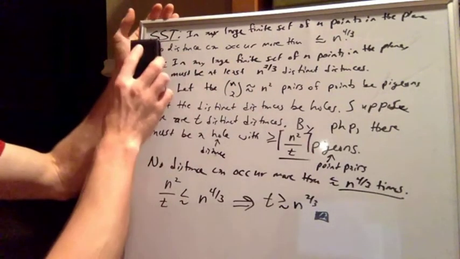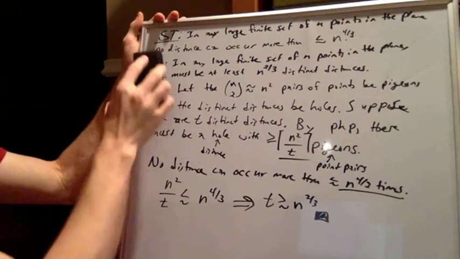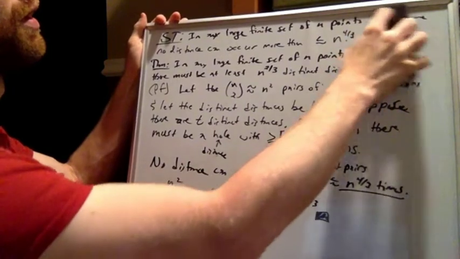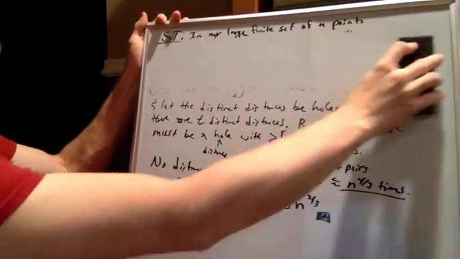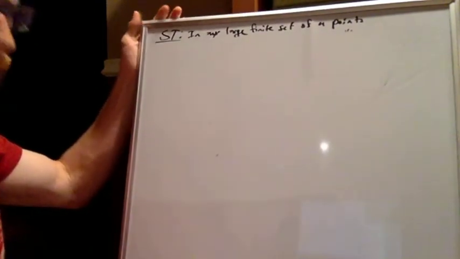Okay, so this was the Spencer-Szemerédi-Trotter. Now let's go back and do Szemerédi-Trotter, which was, again, roughly the same type of proof, based on the crossing number lemma.